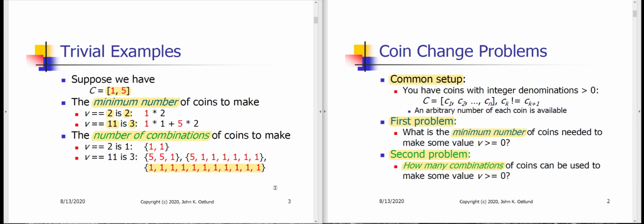I mean, that's the idiot approach of just making a bag of pennies and handing it back. Or we could use a nickel and 6 pennies, or we could use 2 nickels and a penny. Okay, so of these 3 possible combinations, one of those combinations has the smallest number of coins. But you might be asked either for the minimum number of coins to make a certain value of change, or for the number of combinations of coins that you can use to make a certain amount of change.